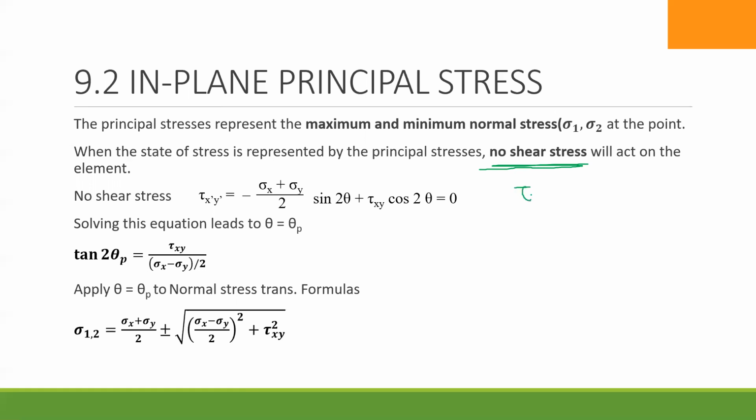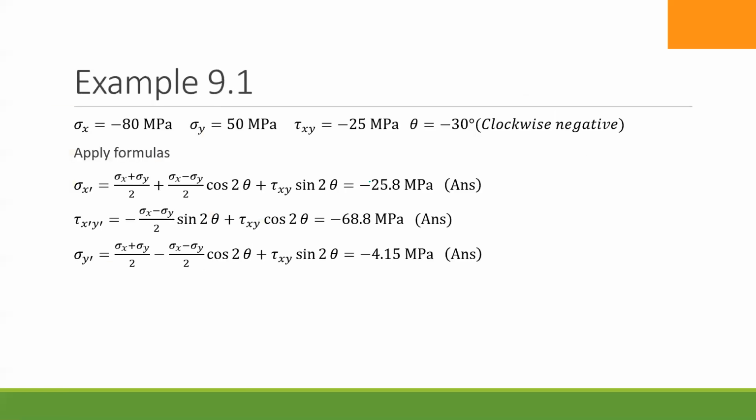So when the normal stresses become the principal stresses, our tau value becomes 0. By using this relationship, we can find sigma 1 and sigma 2. How can we find them? We have a tau xy value.